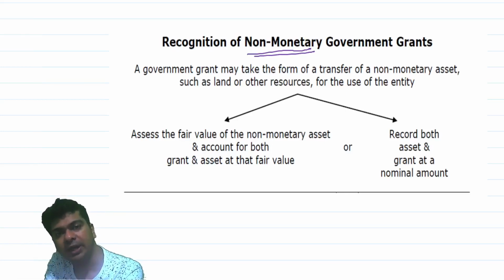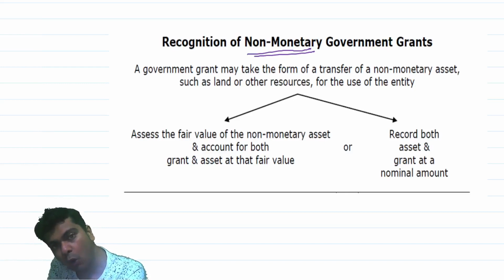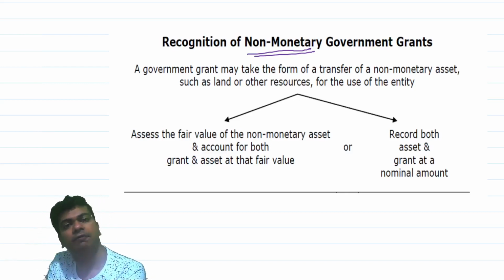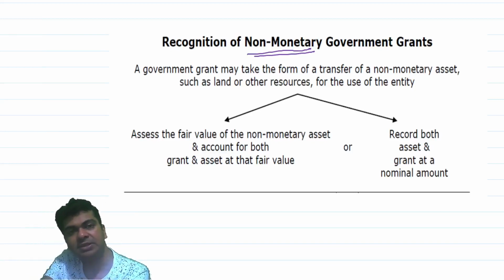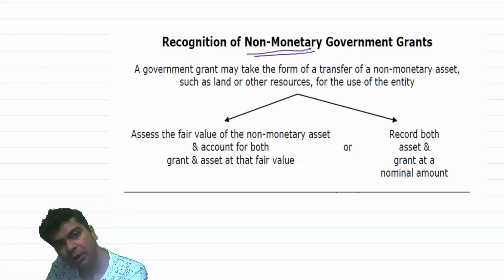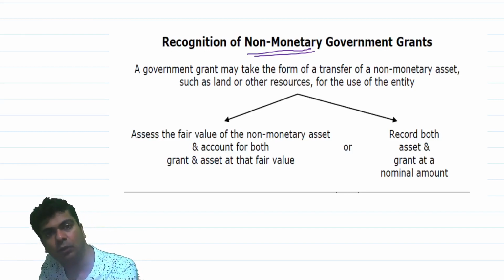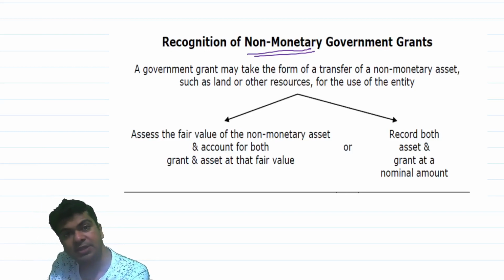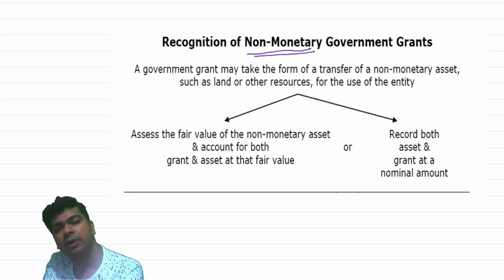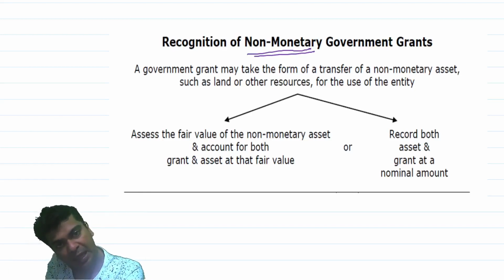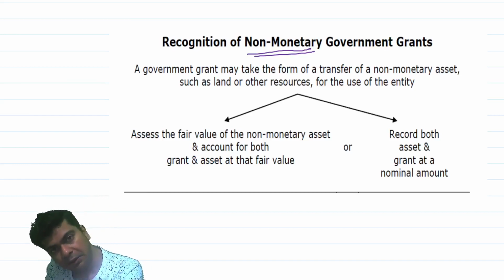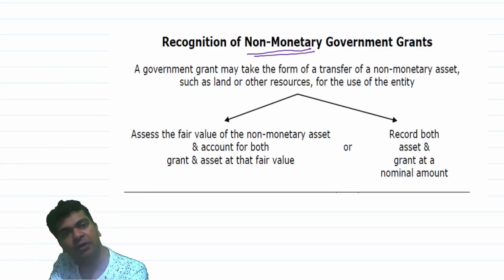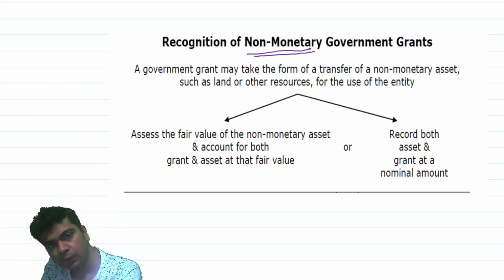Record an accounting entry: Land account debit 1 crore, to deferred government grant account 1 crore. And then on a systematic basis, take transfers from the government grant to the profit and loss account. You have to recognize the asset as well as the government grant at its fair value, and after that, take systematic transfers from the deferred government grant to your profit and loss account.